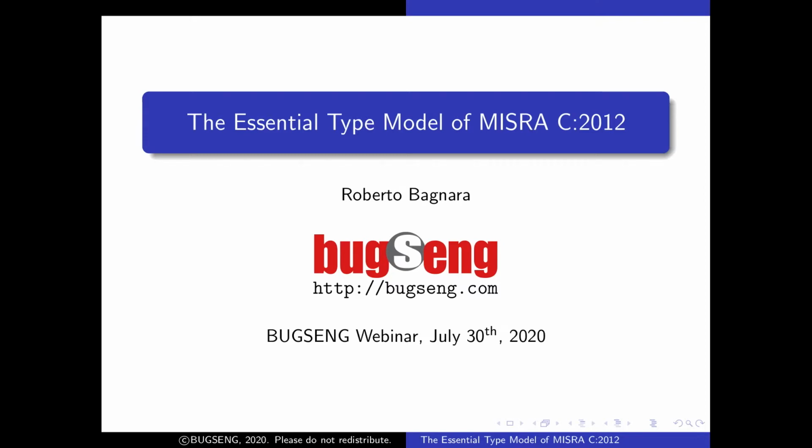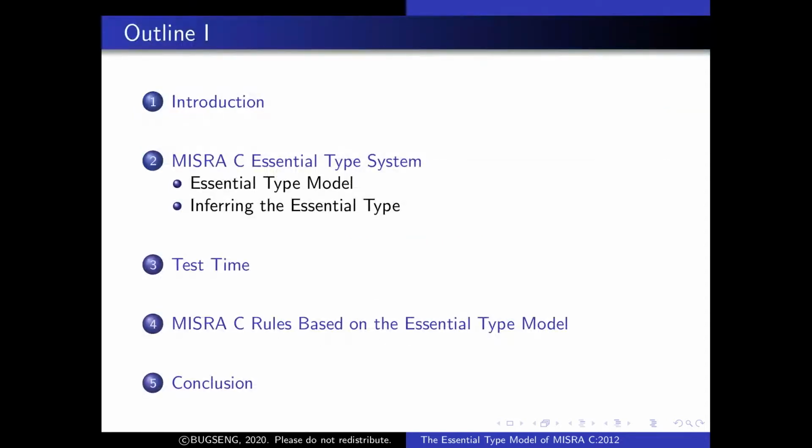This webinar is a follow-up of the previous webinar where we talked about implicit conversions in C. And so the plan this time is to reconnect to the previous webinar by means of the two examples we have used at the other time. And then I will introduce the MISRA C essential type system.